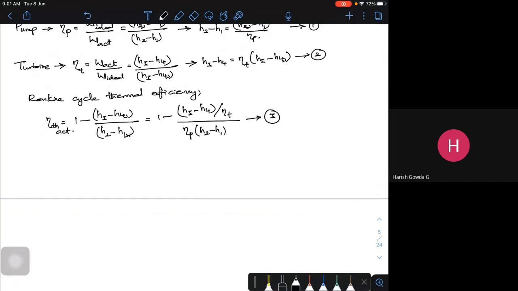I can write your actual thermal efficiency is less than your theoretical efficiency for a Rankine cycle. If it is 90% for a theoretical Rankine cycle, for an actual cycle it will be around 80-82%. So I could see a good amount of reduction in the Rankine cycle efficiency due to actual working conditions.